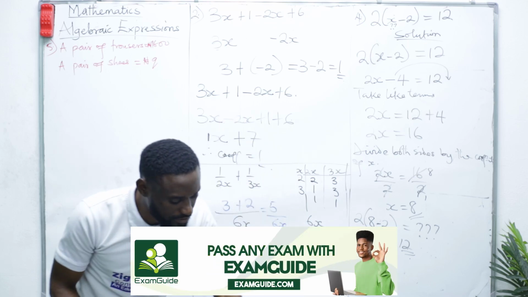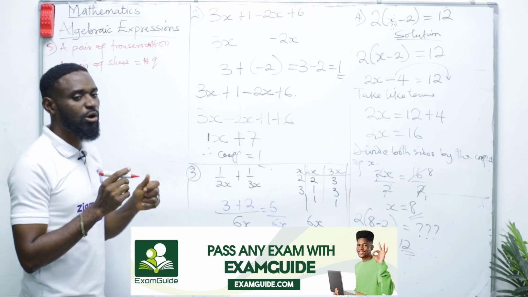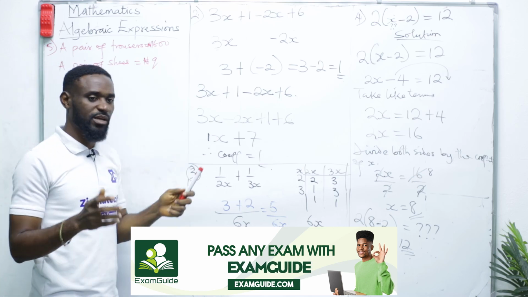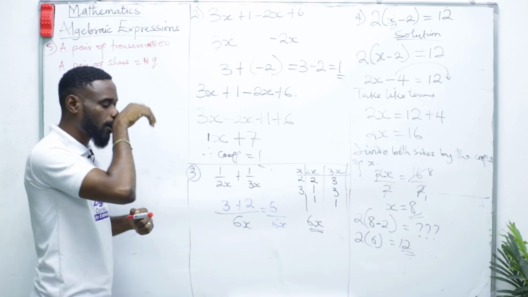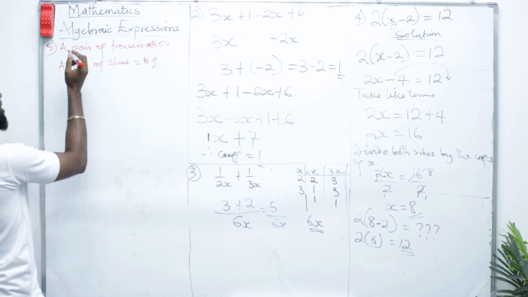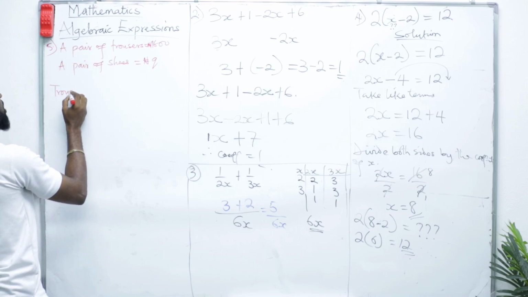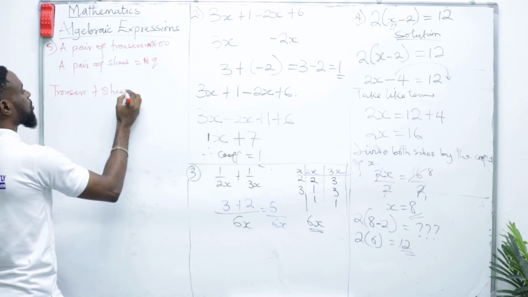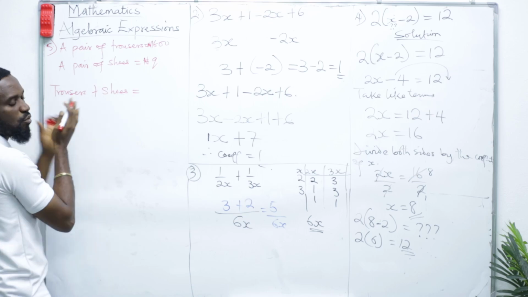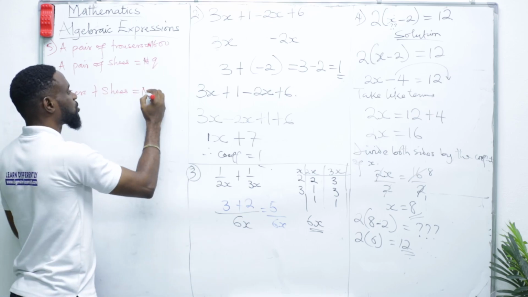Once you know how to interpret what the problem is talking about, the solution is just at your fingertips. They are saying that this pair of trousers plus this pair of shoes, when you add the cost of this and the cost of that, together they are how much?